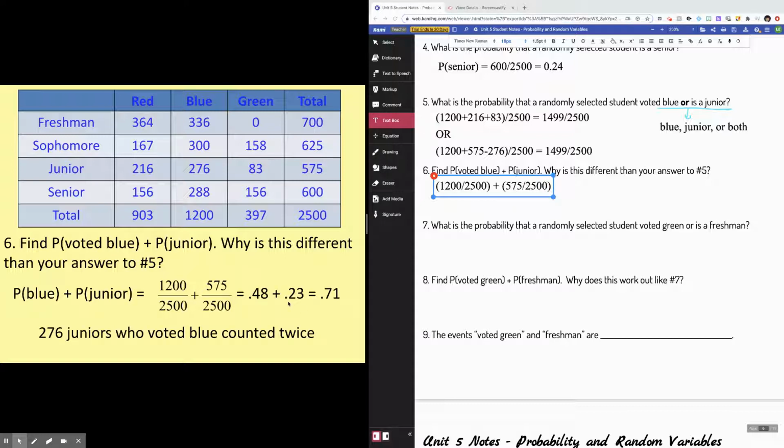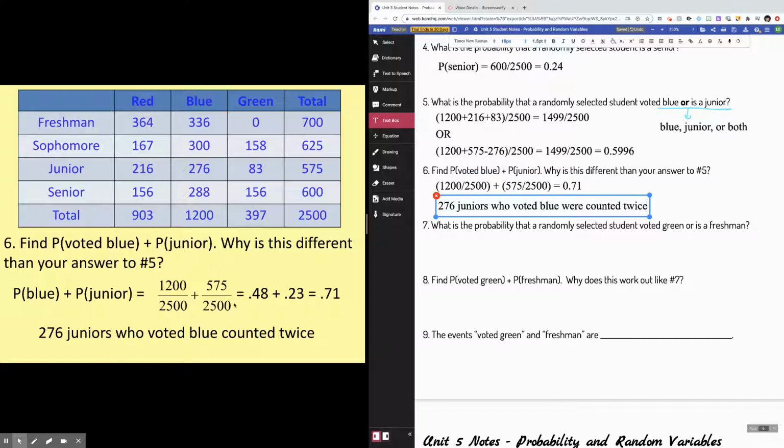When you add all of that up, and I'm just adding the decimals here, you get 0.71, which is different from the value up here in the previous question. That probability, which I didn't write but did show on the screen briefly, was 0.5996. So those probabilities are different, and the reason for that is that the 276 juniors who voted blue were counted twice. So it's essentially what I just talked about.